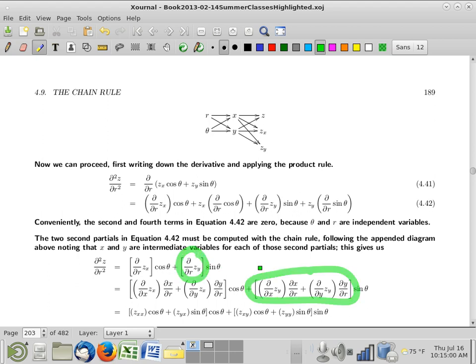It ends up being that. Zy is there. R is there. Again, there are two paths. There's that yellow path that gives you this term, and there's this blue path that gives you that term.